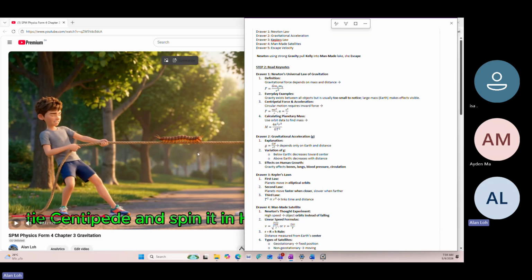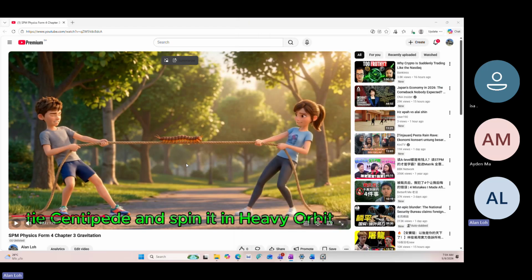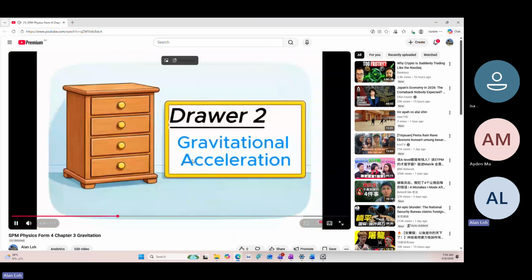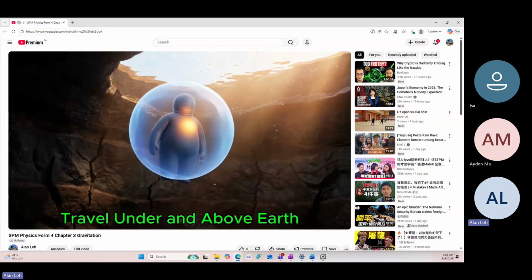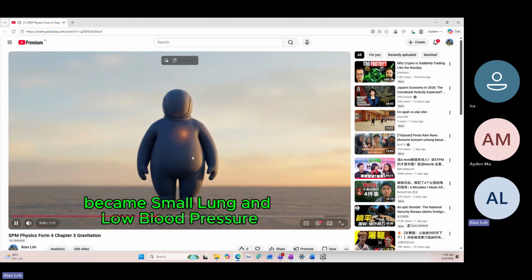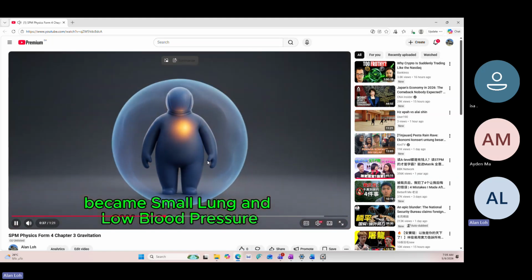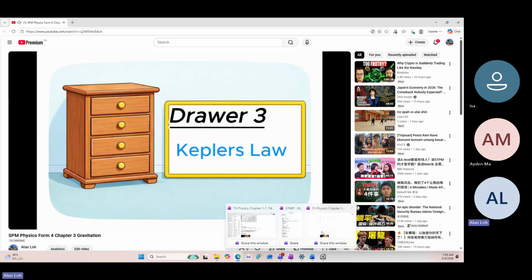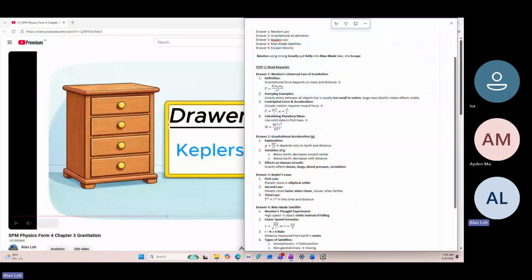Okay, so let's go to drawer 2. Drawer 2. Gravitational acceleration. Travel under and above Earth. Became small lung and low blood pressure. Drawer 2 is travel under and above the Earth, and then became small lung and low blood pressure.